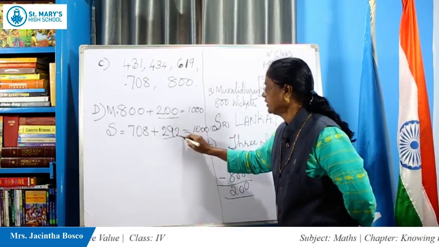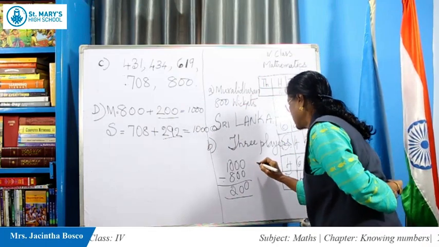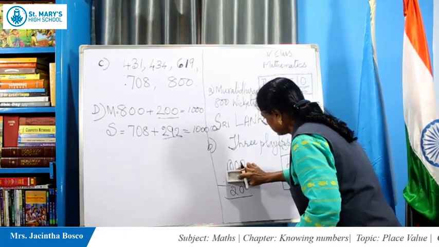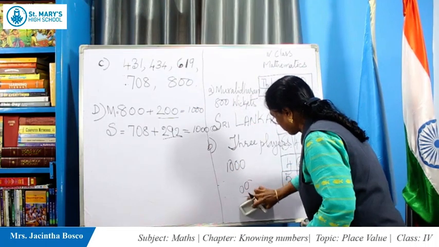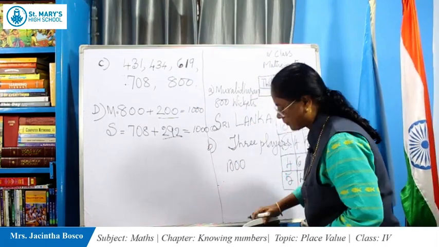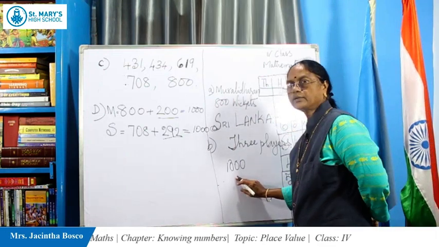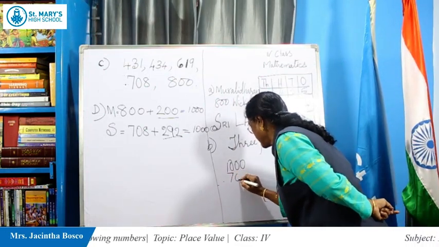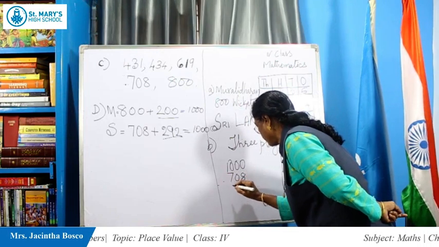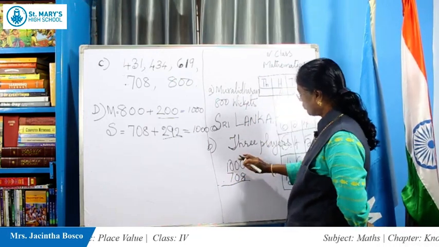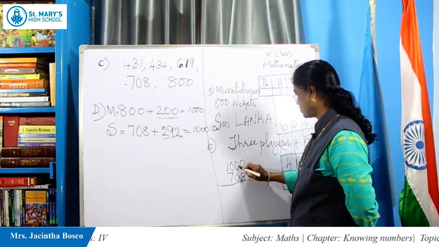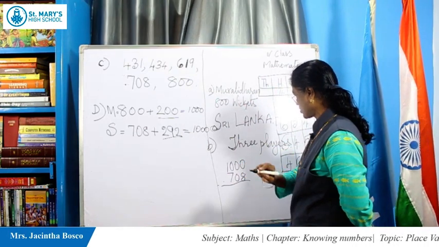Now, this 292, how did I get? Look at here again. See the board. 1000, isn't it? Now, we need to write 708. So, what I had to do? I had to subtract. Here units place 0, tens place 0, hundreds place 0.